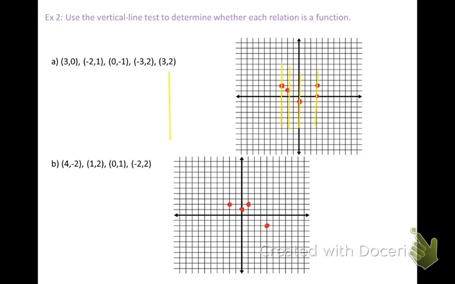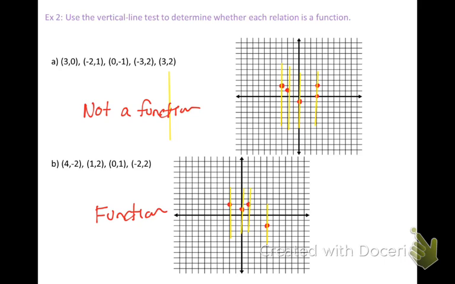So to have a function, none of them can have the same x. And that's what a function means. So this is not a function. If I look at B, again, I have my vertical lines. And there's only 1 point on all 4 lines, so that means it is a function. So that's how you do that one.